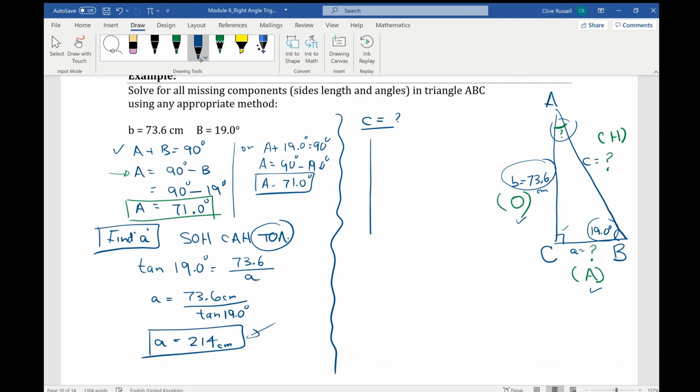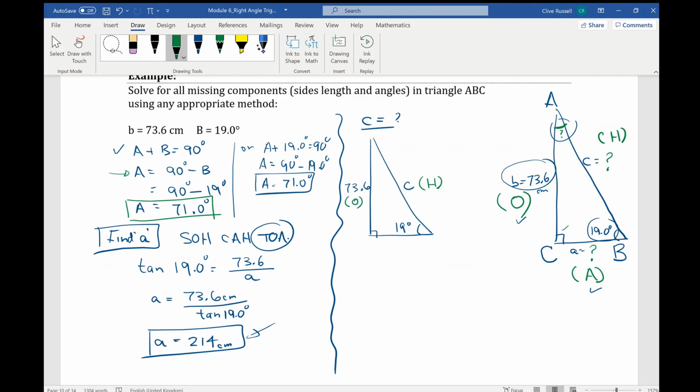All right. So I'm going to sort of redraw this triangle. It's getting a little bit messy there. And we want to find C. We know that this is 73.6, and we know that this is 19 degrees. Let's label again. This is the hypotenuse, and this 73.6 is the opposite.